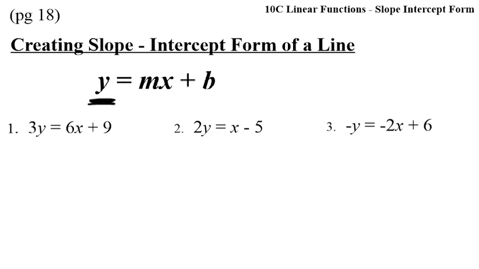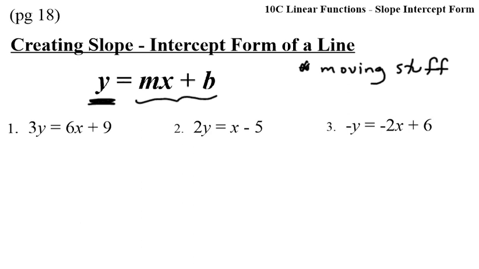We move stuff around, but understand that isolating y is about moving stuff around. We're not truly eliminating things from the equation. We want to move stuff around so that y equals mx plus b. So let's just start looking at it.